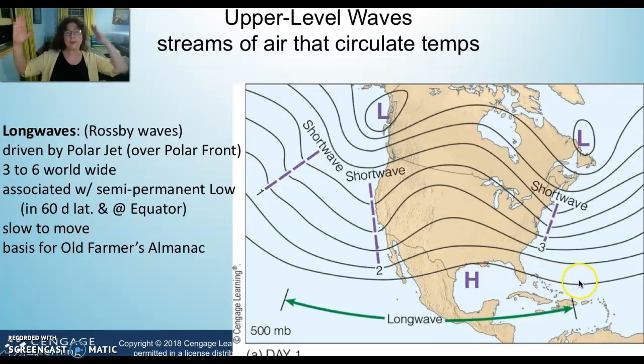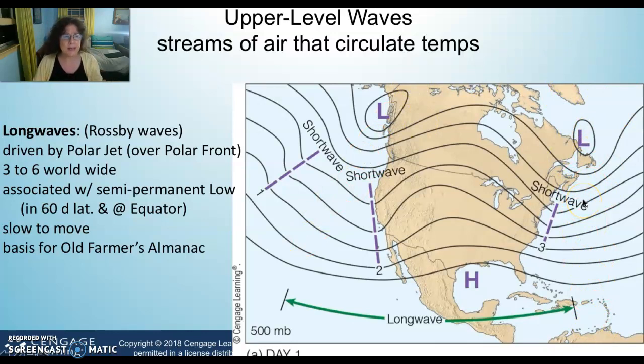So a wave goes from trough to trough, or just like a frequency, from a ridge to a ridge. And the troughs are associated with semi-permanent lows. The ridges are associated with semi-permanent highs.